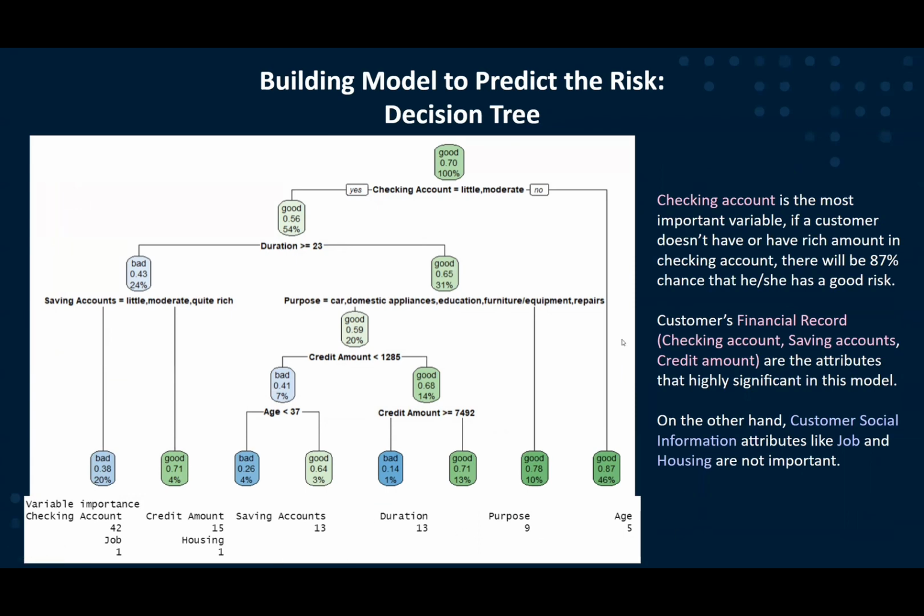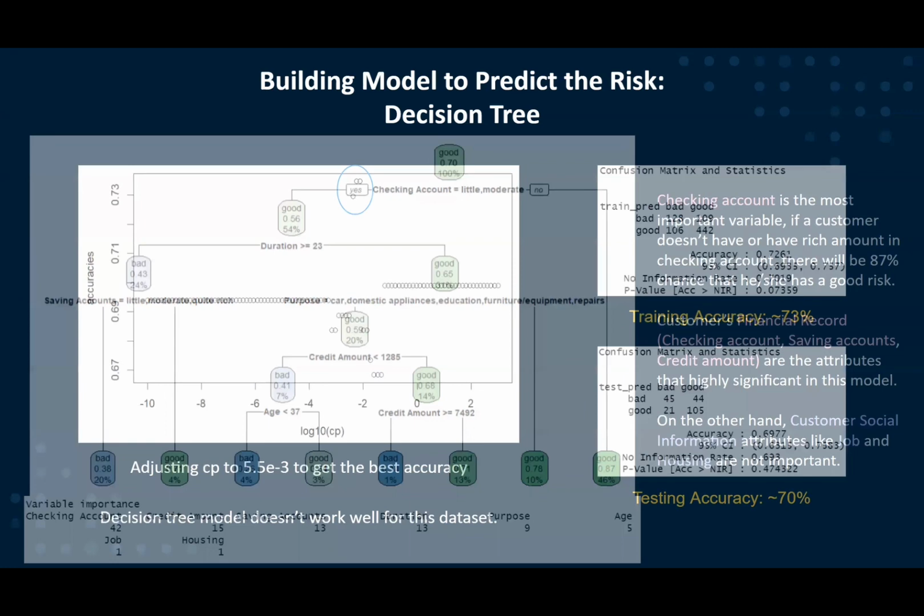Besides the checking accounts attribute, other attributes, saving accounts and credit amounts within customers' financial record grouping, are also highly significant in this model. On the other hand, the customer's social information grouping, including attributes job and housing, are not so important.